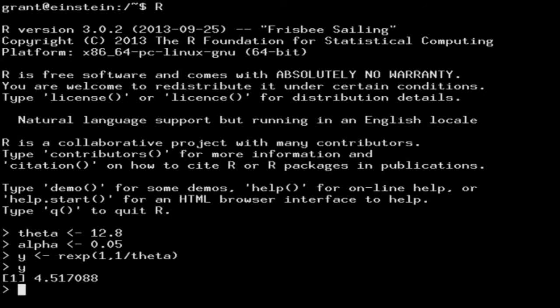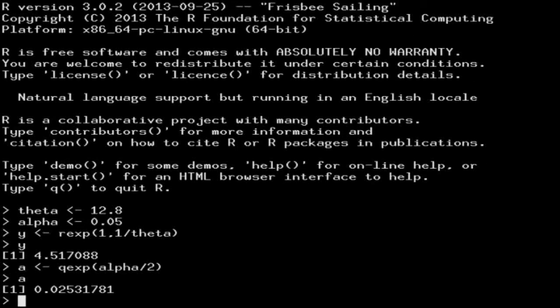So remember that for the lower bound on our confidence interval, we want half our area below, so QEXP, distributed with a parameter value of 1, and we want alpha over 2 with parameter 1, and so we get a lower bound of 0.0253171.